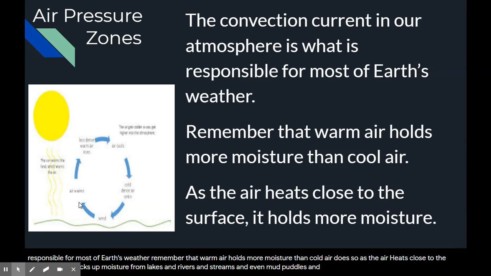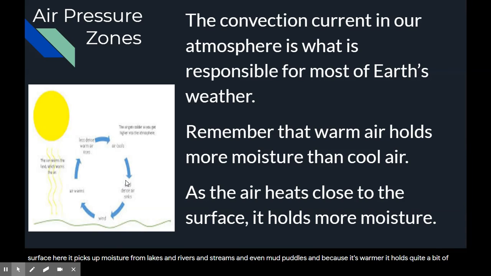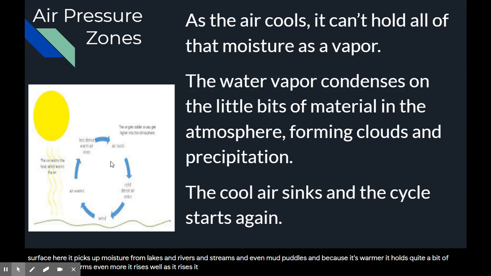And because it's warmer, it holds quite a bit of moisture. As it warms even more, it rises. Well, as it rises, it starts to cool. And that cooler air can't hold all of that moisture in water vapor form. So that water vapor starts to condense.